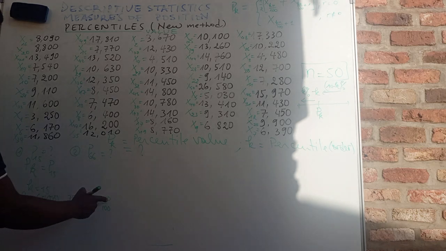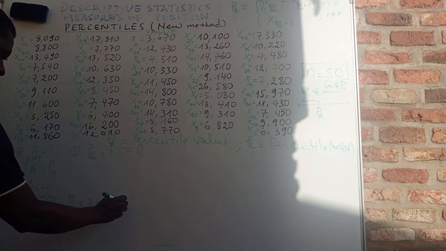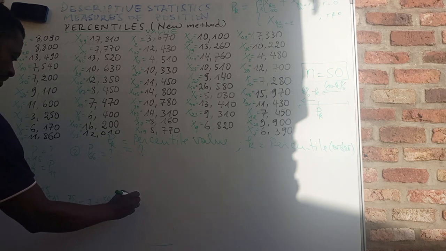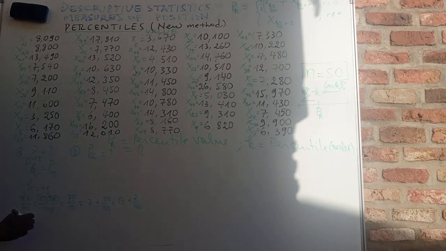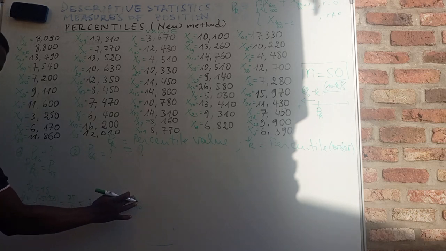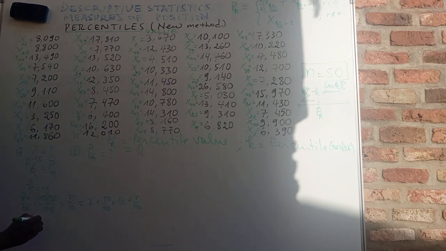So this is the quotient of division plus R over 100, and R is the remainder we are talking about. The remainder is 50.